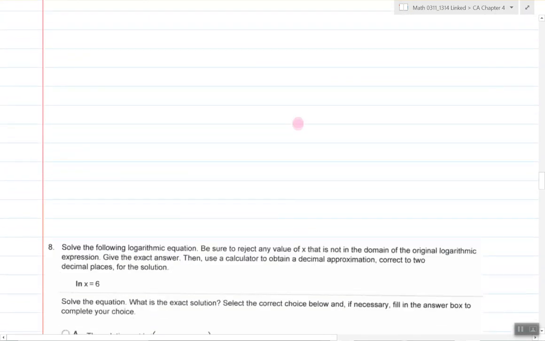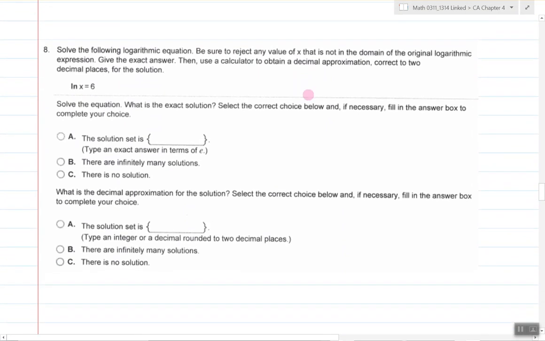Let's look at number 8. Solve the equation. What is the exact solution? Okay. So the first thing we want to do is give the exact answer. Well, let's write this in exponential form because it's a natural logarithm. The base is e, the power is 6, and that's equal to x.